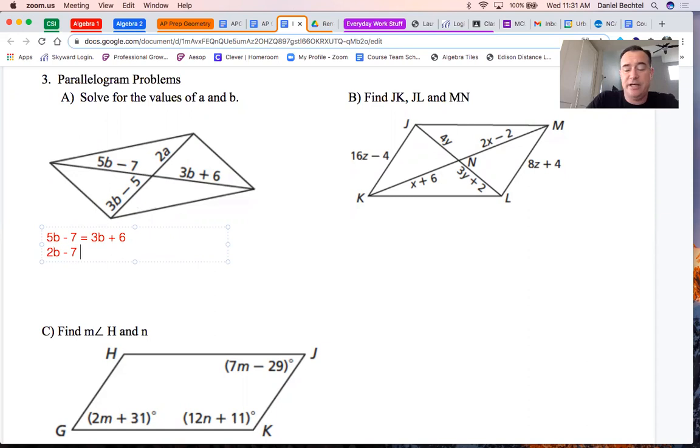Minus 7 is equal to 6. Whoop, that's not an equal, that's a minus. Let's write it correctly. Equal to 6. Now I want to bring the 7 over to the other side. So I'm going to add that 7 to both sides, and I'm going to get that 2b is equal to 13. And then if I divide both sides by 2, I'm going to get that b is equal to half of 13, which is 6.5.